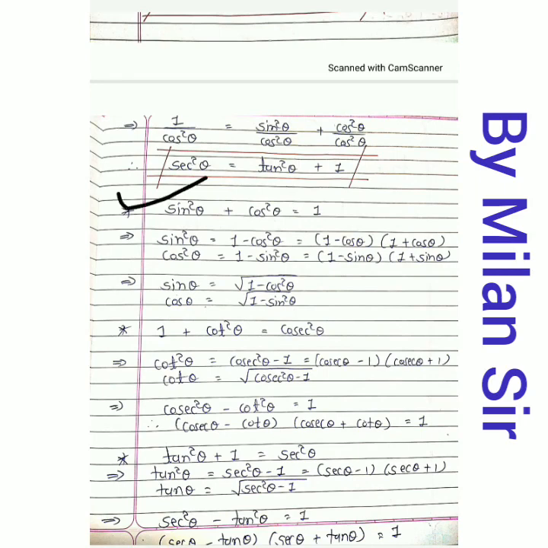We just need to remember these 3 identities, and if we forget them, then I have already shown the way we can derive them. So I just try to explain to you how we can derive other forms from these 3 identities.